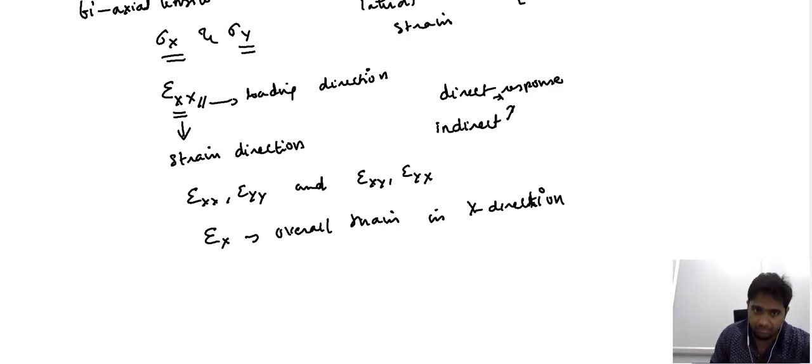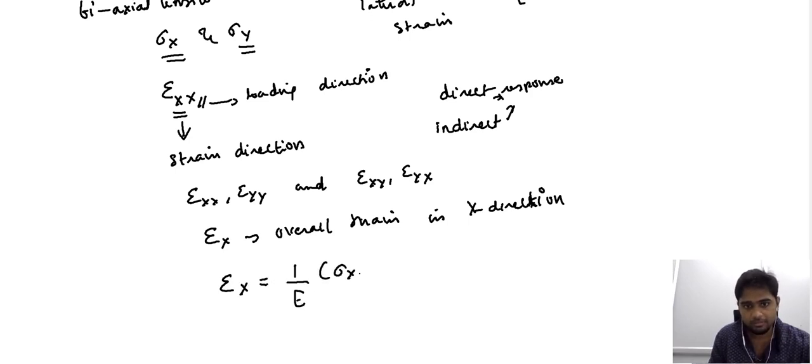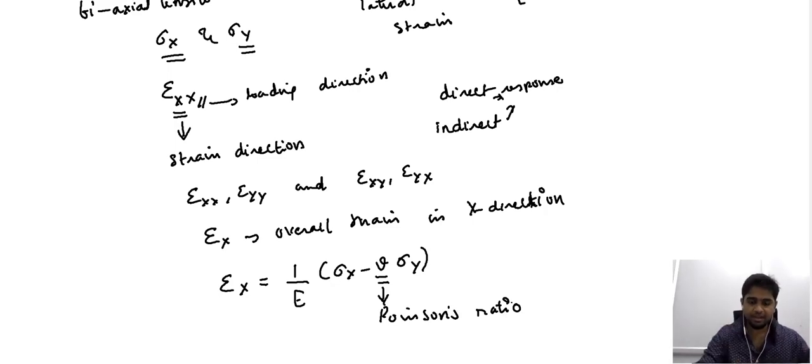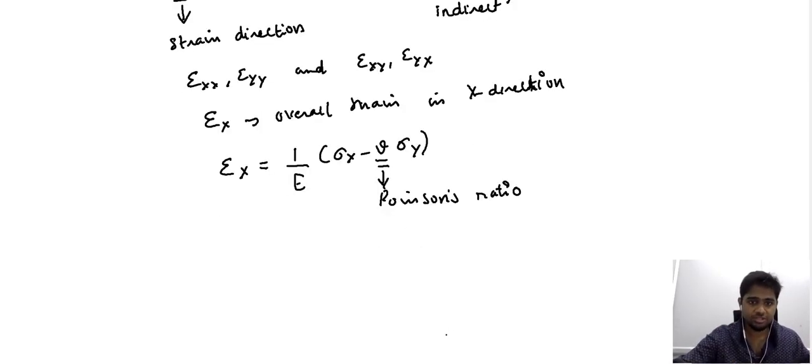So when we do that, the expression we arrived at is of this form: epsilon x is equal to 1 by E. So this nu here is the Poisson's ratio. This is the expression that we derived in our previous lecture, that under biaxial tensile loading, the overall strain in a particular direction comprises two components.